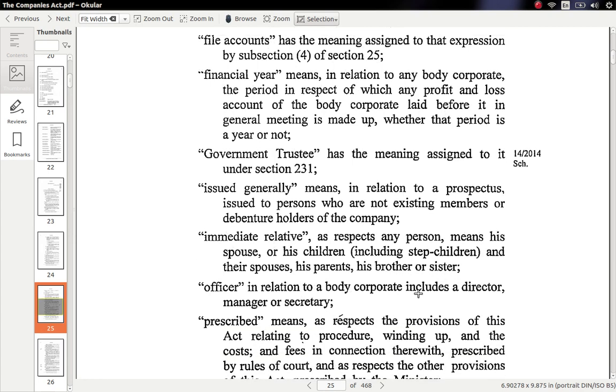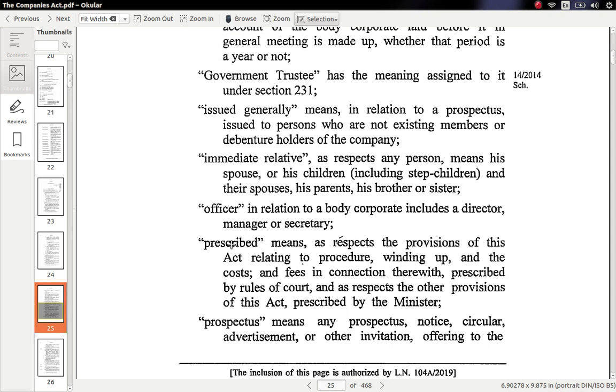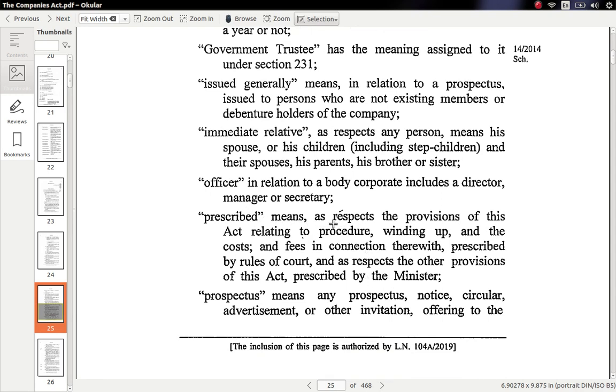Officer in relation to a body corporate includes a director, manager, or secretary. Prescribed means as respects the provisions of this act relating to procedure, winding up, and the costs and fees in connection therewith, prescribed by rules of court, and as respects the other provisions of this act, prescribed by the minister.